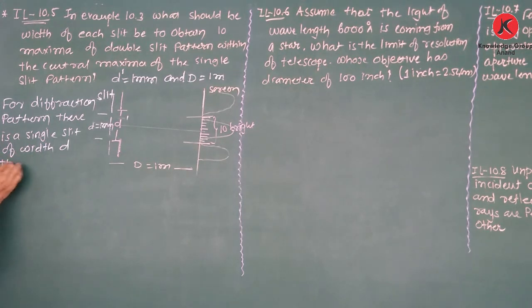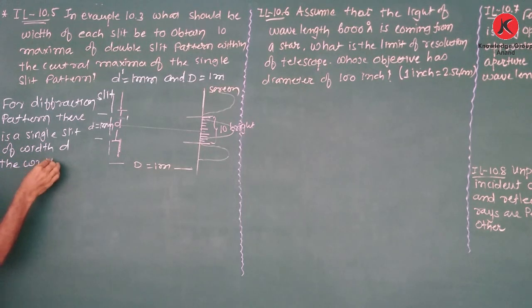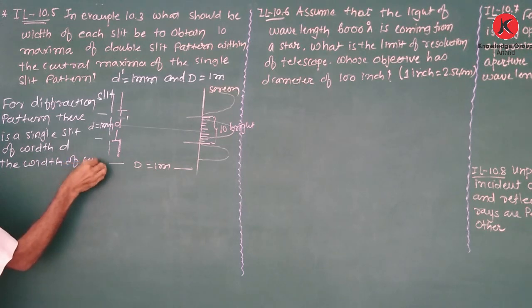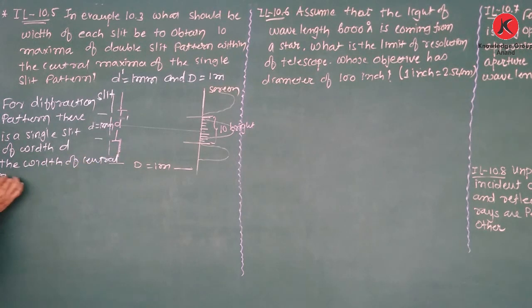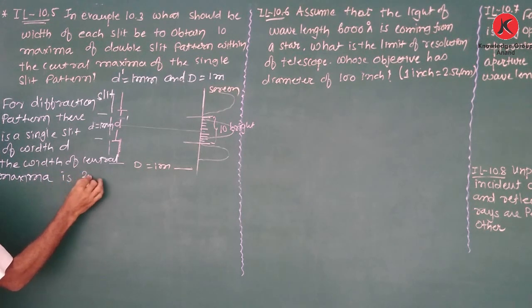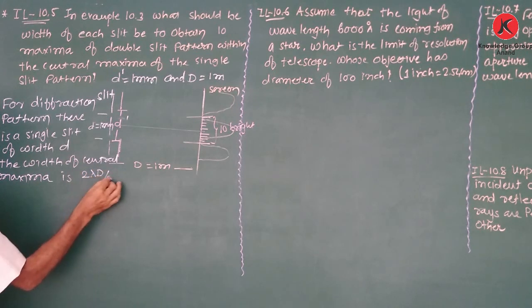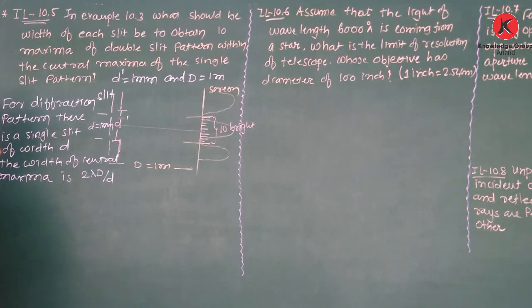The width of the central maximum is 2 lambda capital D upon small d.